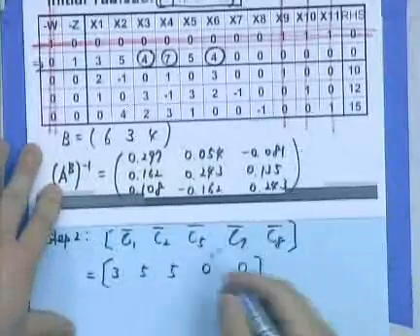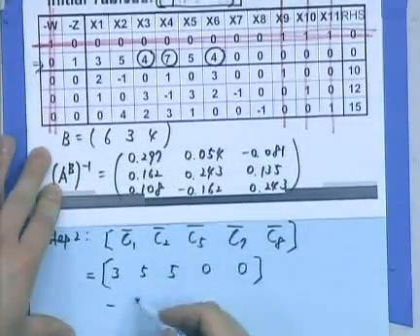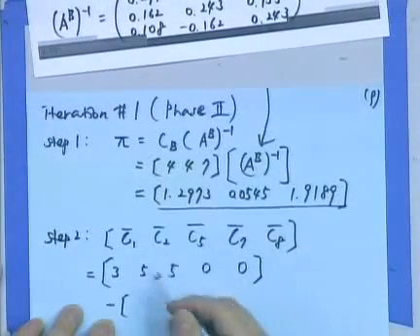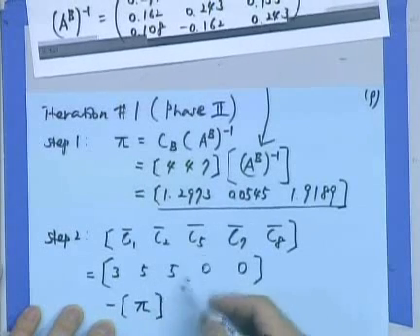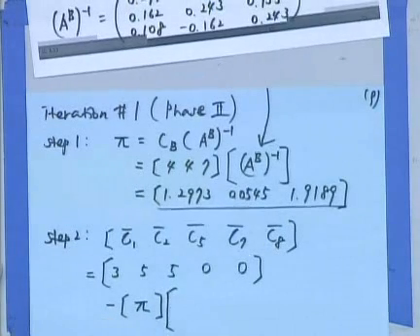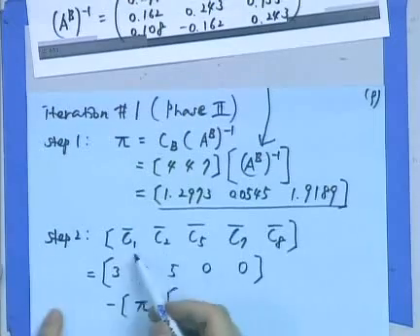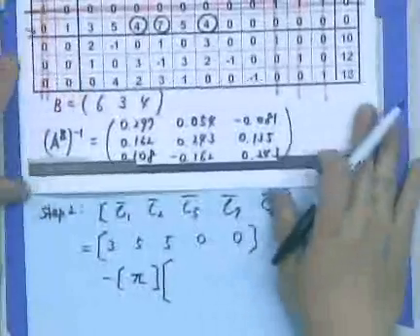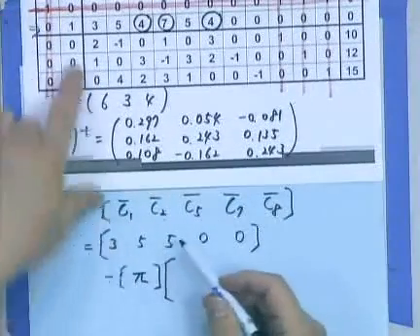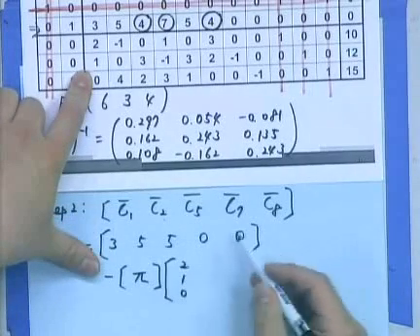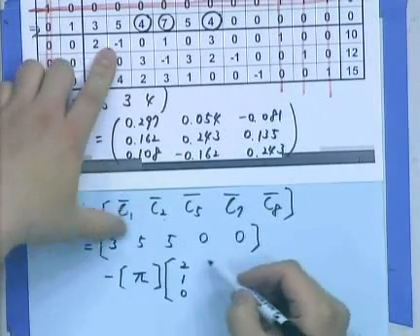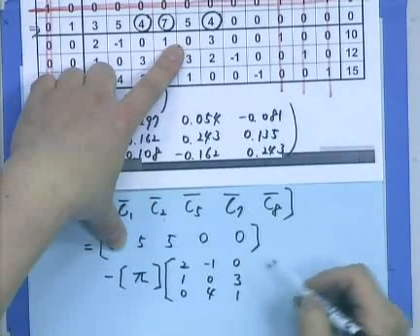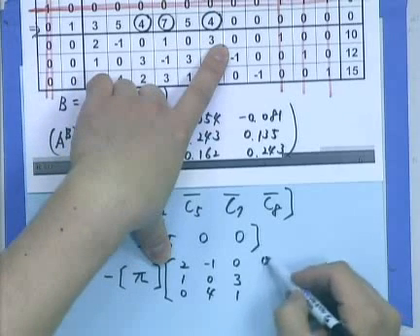Thank you. Minus the pi, which is this, right? Pi vector times the constraint coefficients relative to these non-basic variables. So the first column should be 2, 1, 0. Second column is negative 1, 0, 4. Third one is 0, 3, 1. Next one is 0, negative 1, 0.